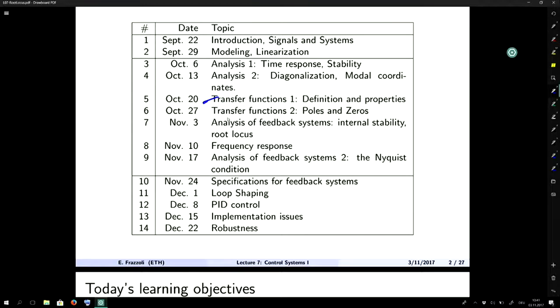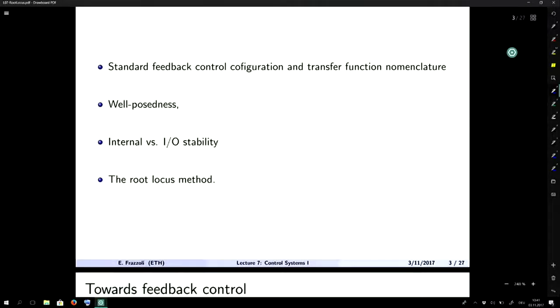First, we will look at the standard feedback control configurations and some of the transfer function nomenclatures. We talk about a number of more technical concerns, like well-posedness. Essentially, we want to make sure that our feedback interconnection makes sense from the physical and mathematical point of view.